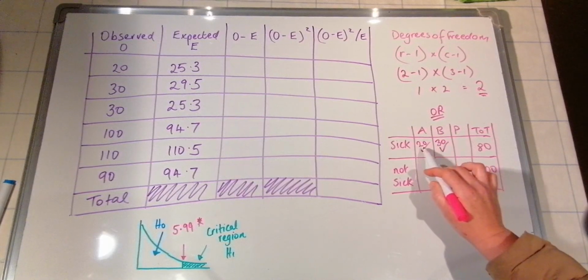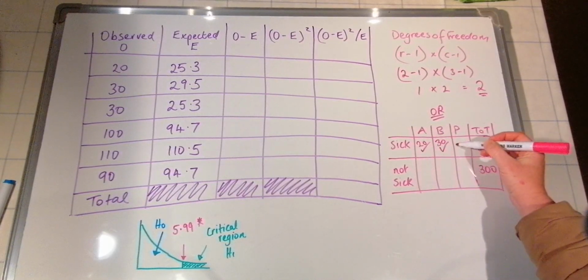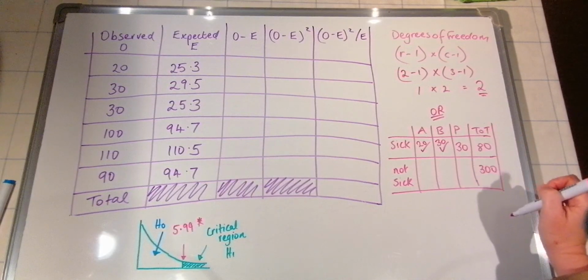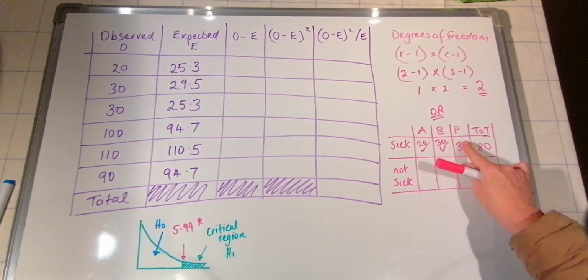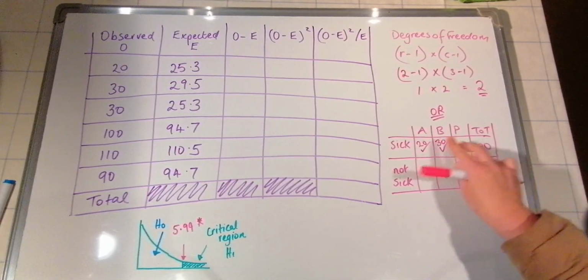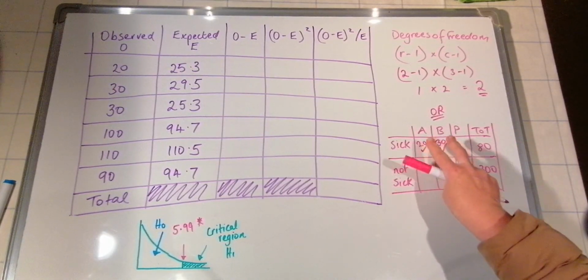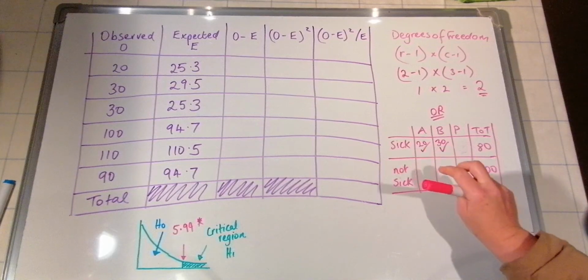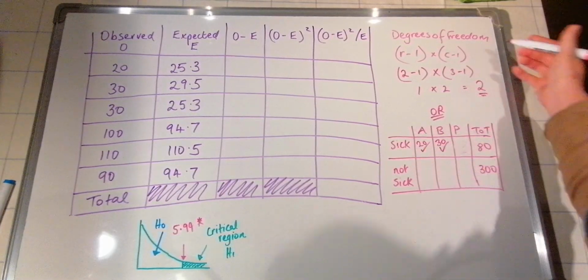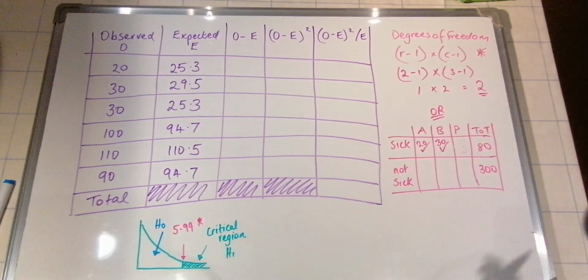The 30 and the 20 people, we already know it's 50, so that had to be 30 to bring us back to the 80. So it didn't matter whether they told us this or not. As long as we were given these two, we were fit to work out the missing value. So we had 2 degrees of freedom. Okay, hopefully that makes sense. If not, just use that wee formula up there.